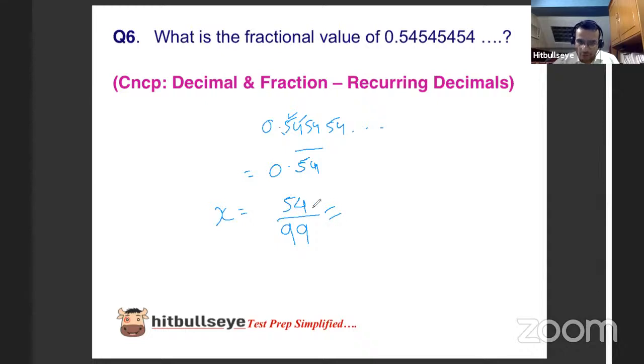It always has to be cancelled out as best we can. I can see it is divisible by 9. Let's do that. 6 nines are 54 and 11 nines are 99. So my answer to this problem is 6 by 11, not 27 by 50 nor 54 by 100.